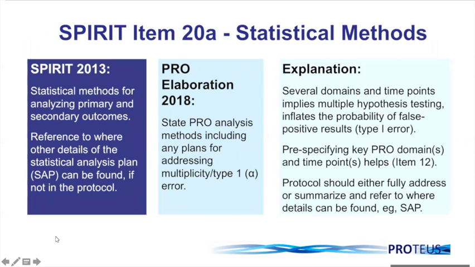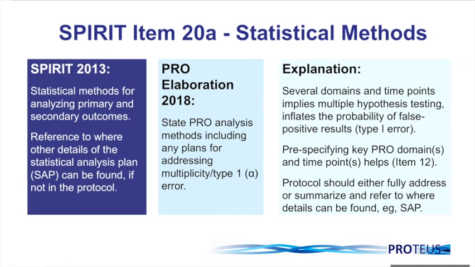The next item is item 20A, and it relates to statistical methods. Spirit 2013 requires that statistical methods for analysing primary and secondary outcomes are stated, and if details are not available in the protocol, then a reference to where other details such as a statistical analysis plan can be found. The PRO elaboration on this is to state the PRO analysis methods, and particularly those for addressing multiplicity or type 1 errors.